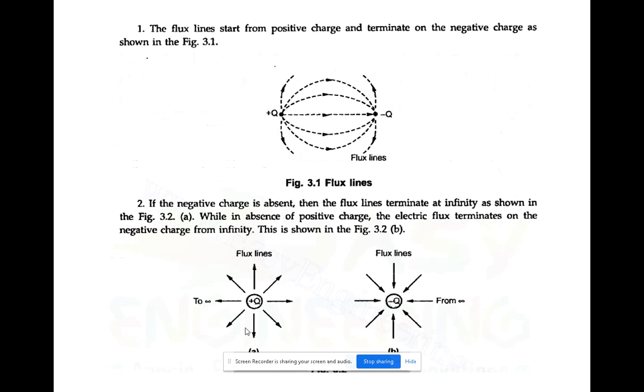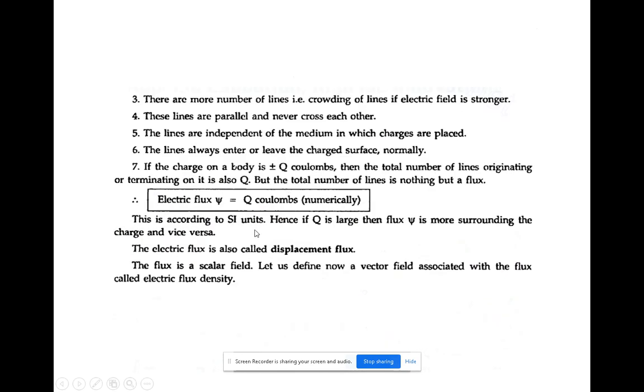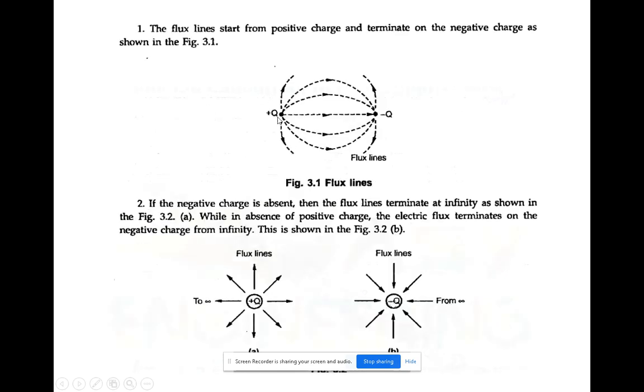The first property of the flux line: consider this is one point charge, plus q, and another point charge, minus q. The lines of force go from the positive charge to the terminating charge, minus q. This is the source charge and this is the terminating charge.